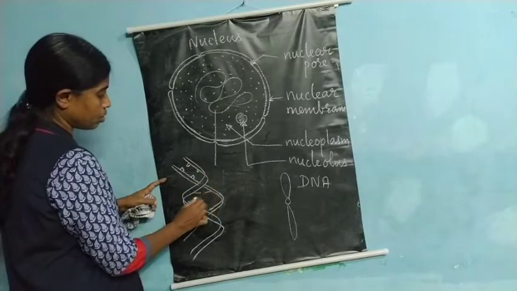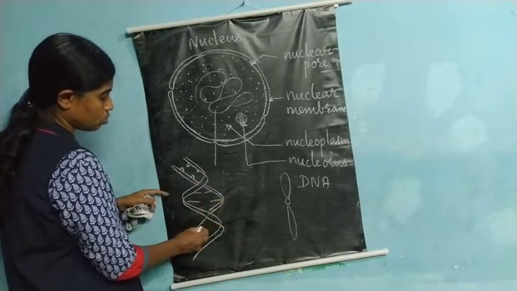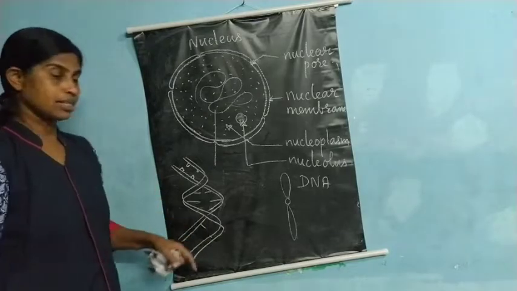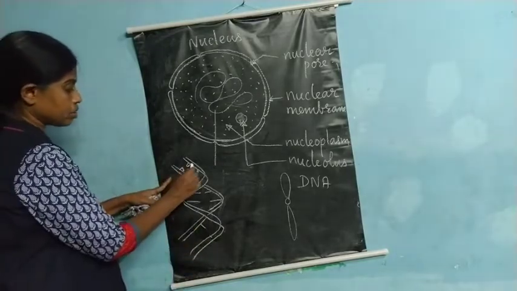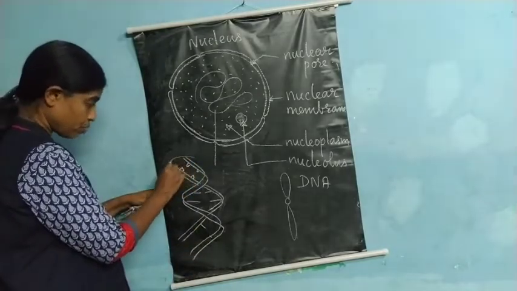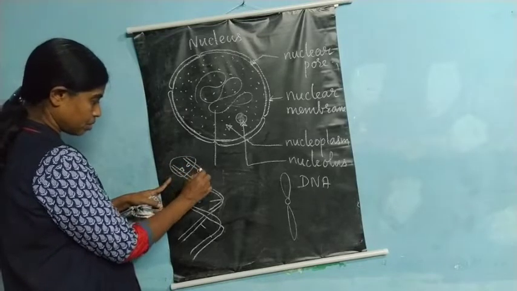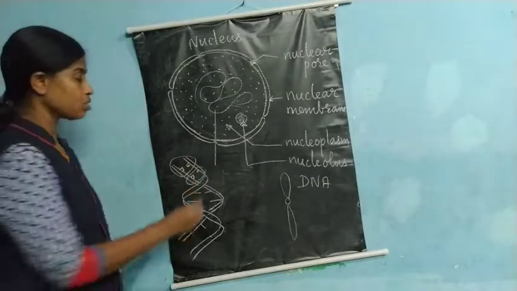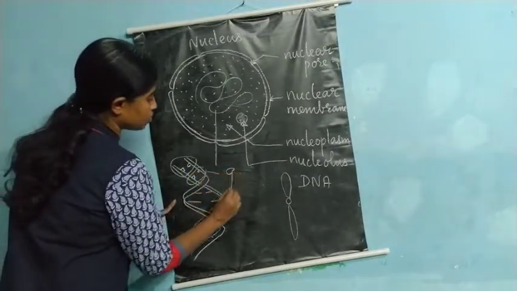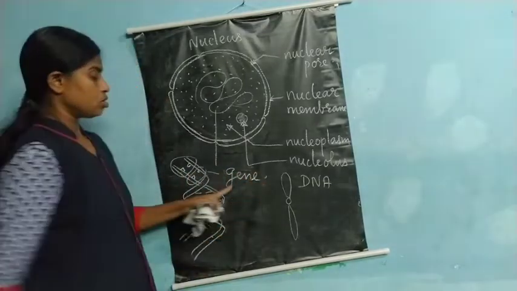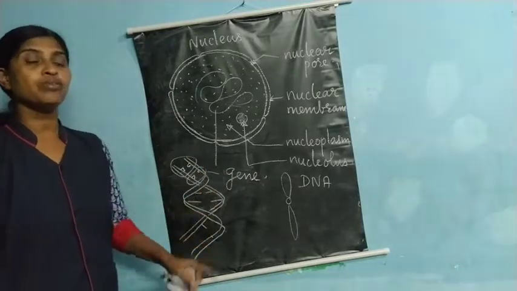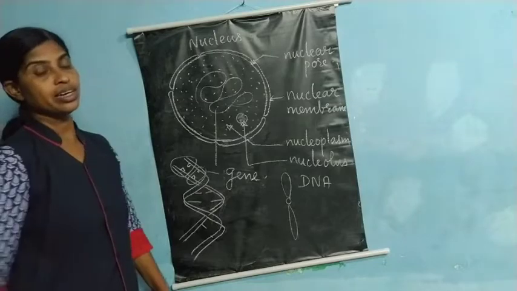Chromosomes, or DNA, also possess this. Each segment of DNA is called a gene. The gene is the actual unit of inheritance of characters.